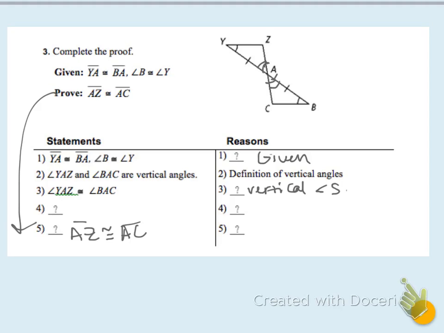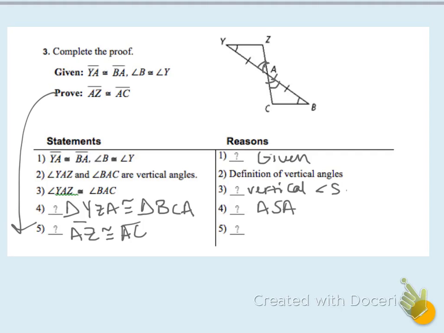So then my next step, if I'm trying to get that AZ is congruent to AC, we could say that triangle YZA is congruent to triangle BCA because of angle side angle.